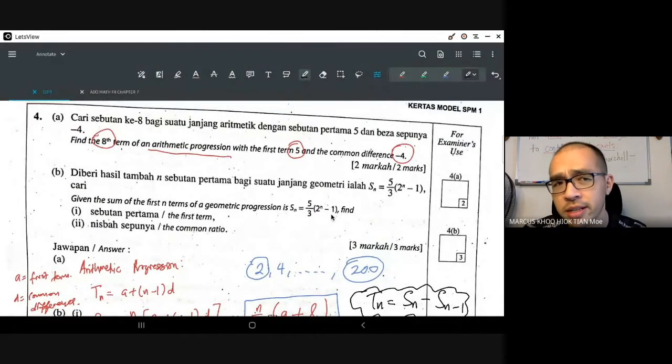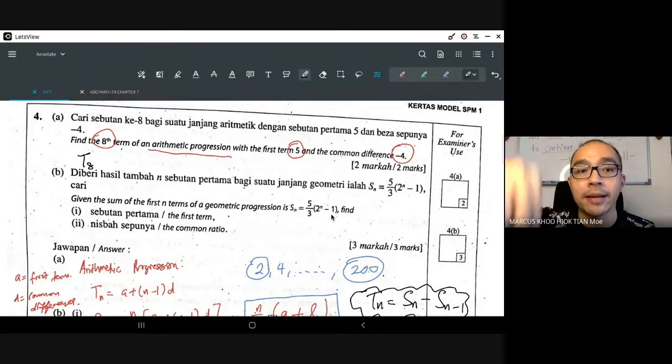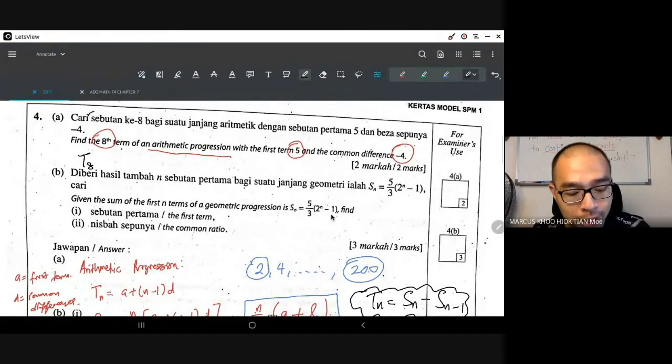So the question is very simple. Find the 8th term. Find the 8th term maksudnya you want to find T8. T8 maksudnya nombor yang ke-8. Bukan nombor 8, but nombor yang ke-8 dalam siri itu. You want to find the 8th number. That's why dia cakap sebutan ke-8.